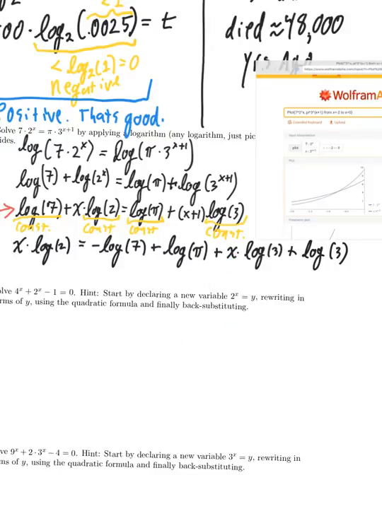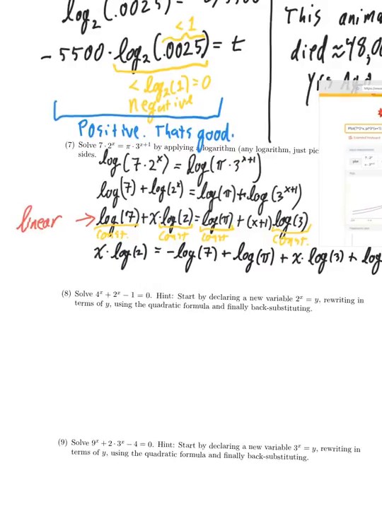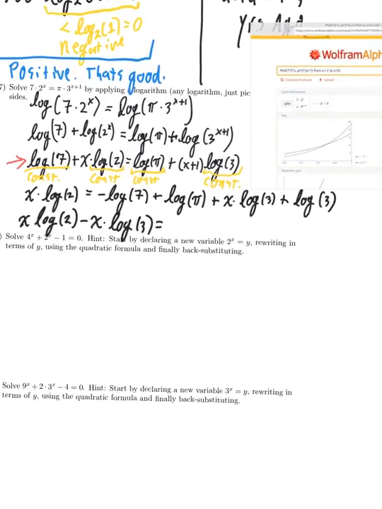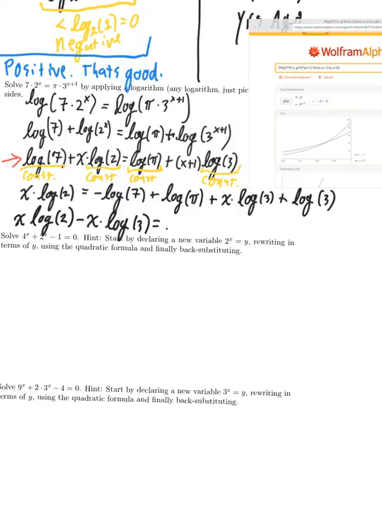I'll move that to the other side. So I'll see x times log of 2 minus x times log of 3 is equal to log pi plus log 3 minus log 7.